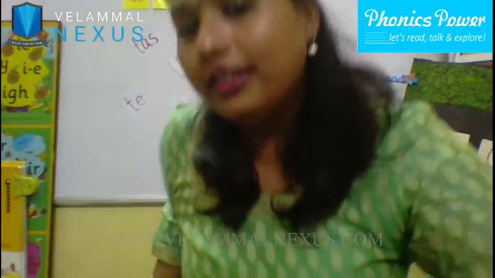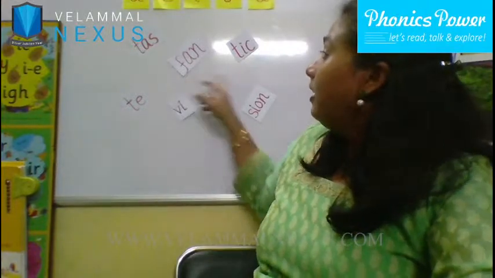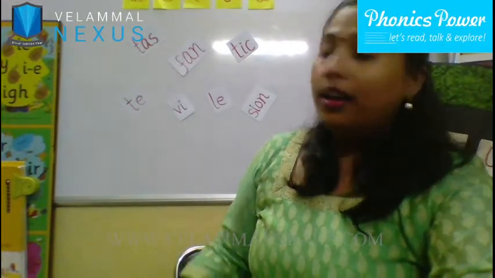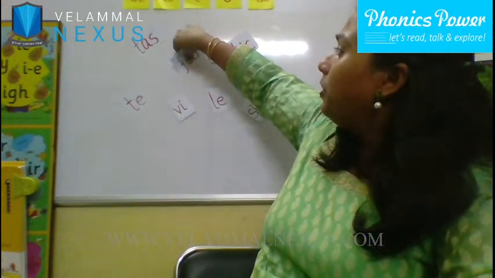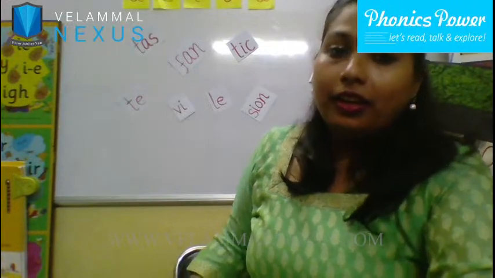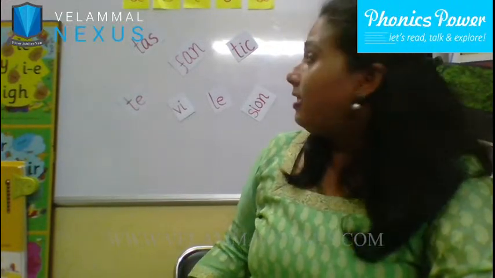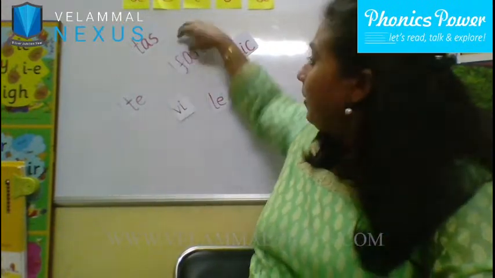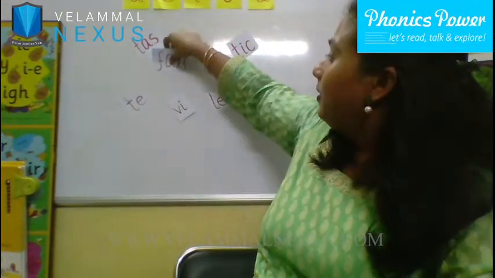What I have done here is I have split the syllables. I've written them on a card, and I have jumbled them and put them up for the children to find out the word. I say the word is fantastic. Now can you find the syllables and put them in order? So the word goes like this.